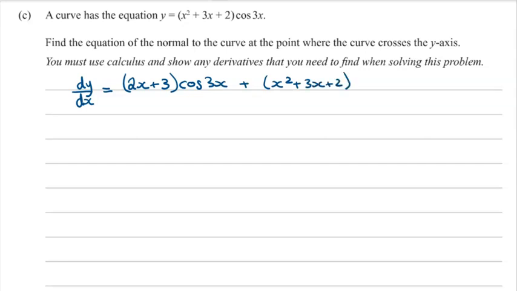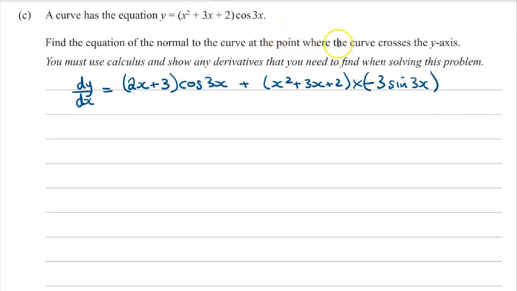So if we differentiate cos, we get sine, but it's got a 3 in it, so it's times by 3 sine 3x. And also cos goes to negative sine.